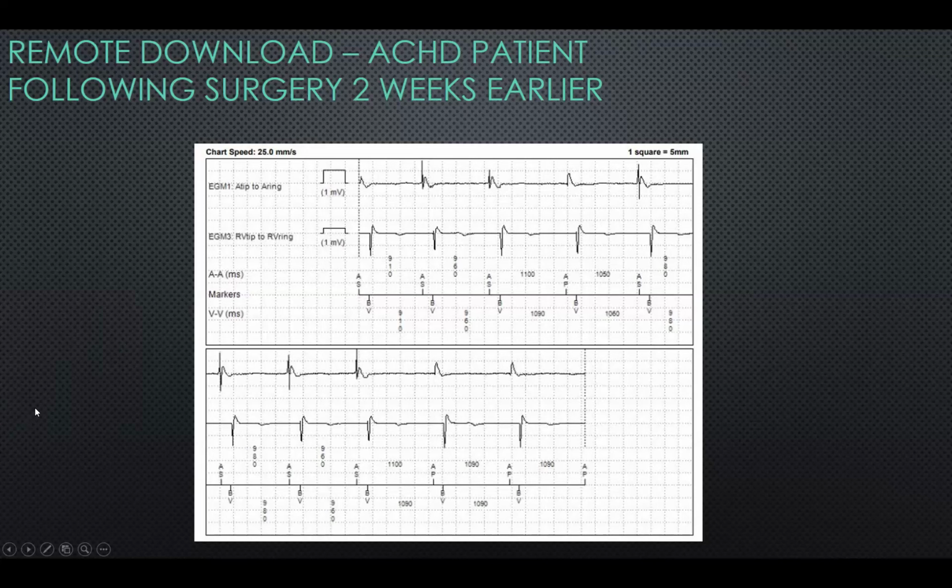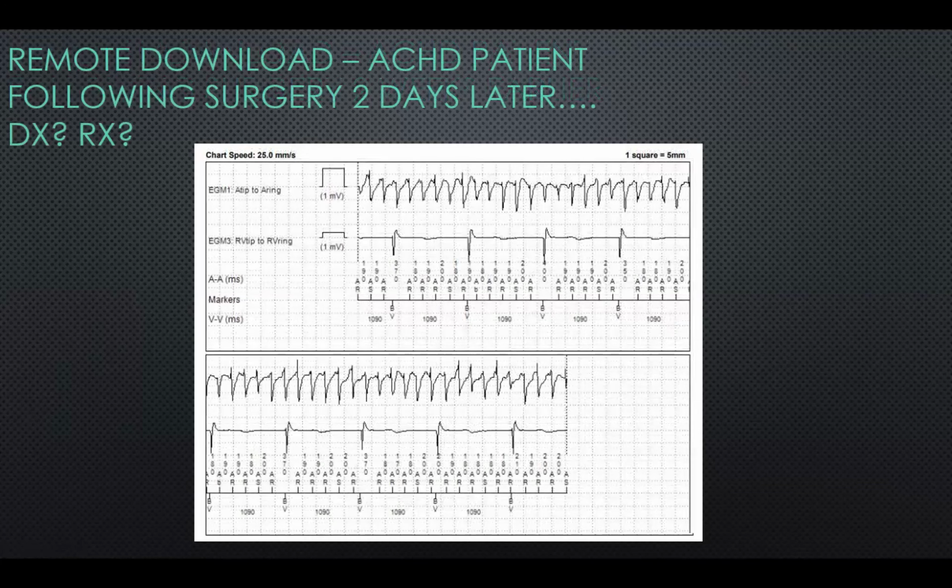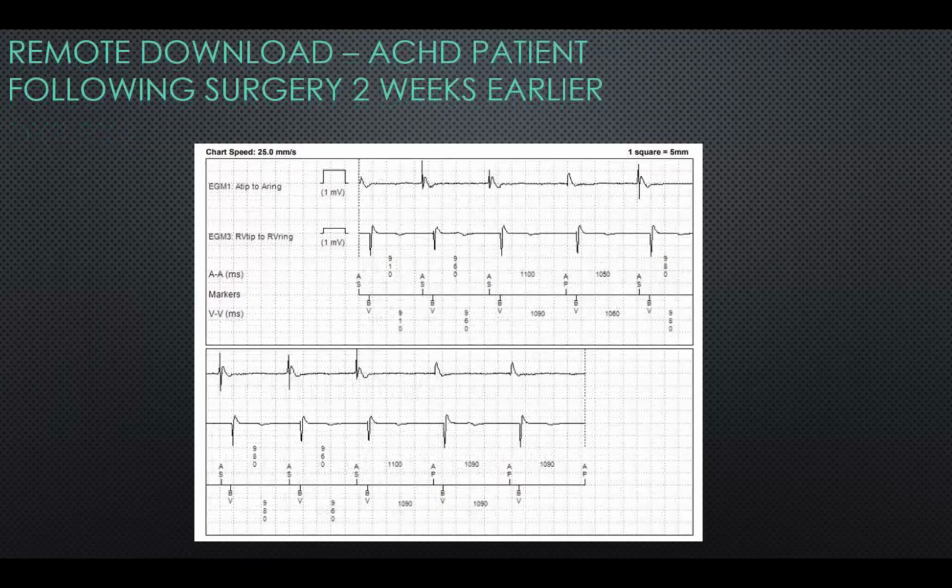Okay. To the next one. This is the same patient a few days later. So looking at the A tip to A ring, and I'll show you, this is before.